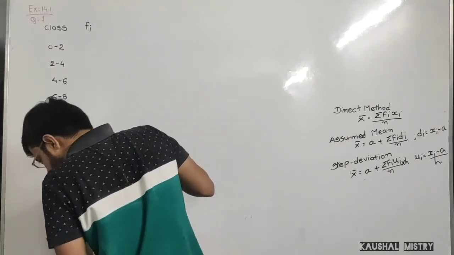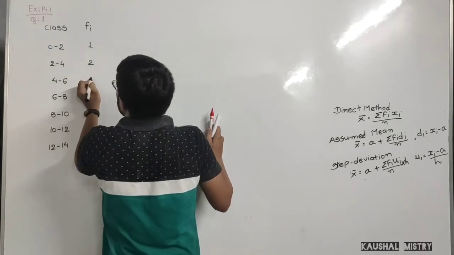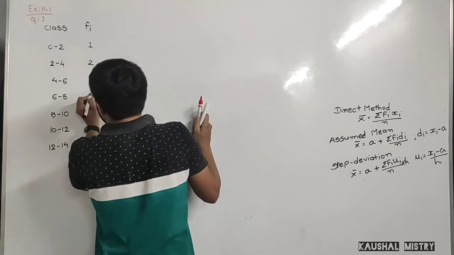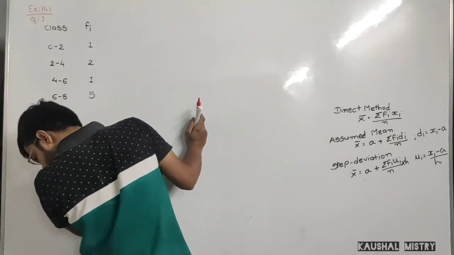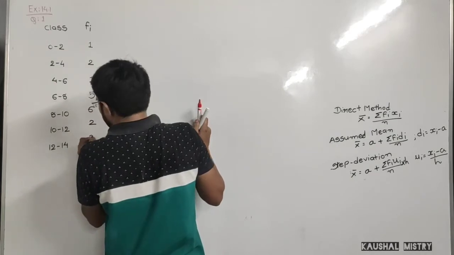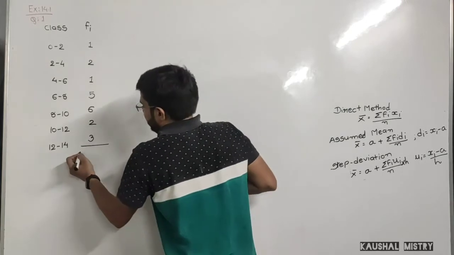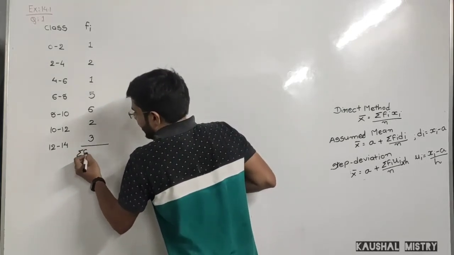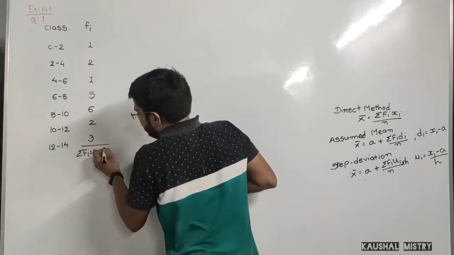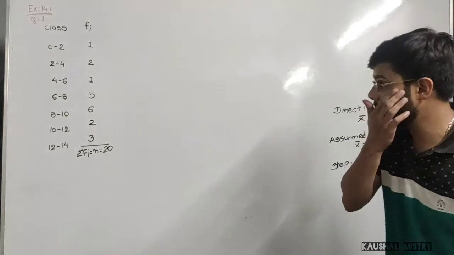Fi is equal to 1, 2, 1, 5, 6, 2, 3. Now first of all you have to add fi, that means sigma fi, or you can call it n. If we add, the answer will be 20.